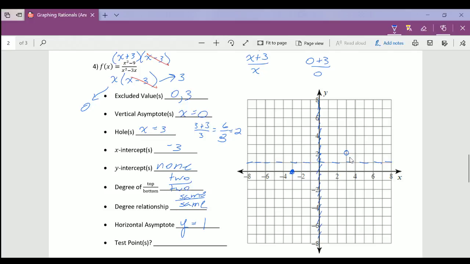Okay. I would say technically we do have enough information without needing to use a test point. We have one in the bottom left section of the graph and one in the top right section of the graph. So if we want, we can just go ahead and go through here, hit that hole, go around it.